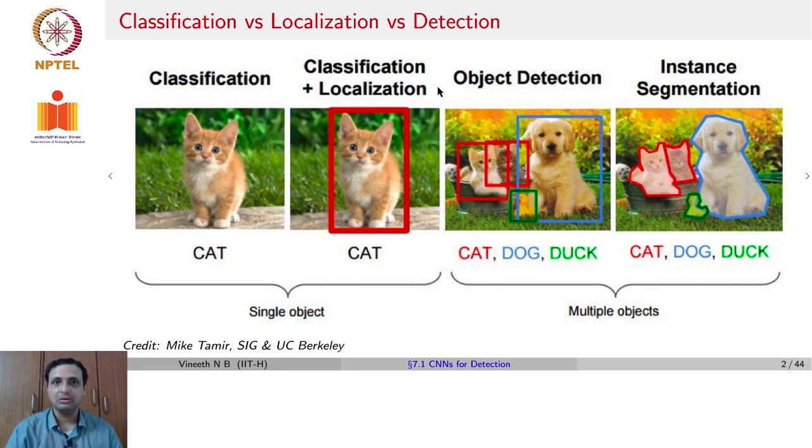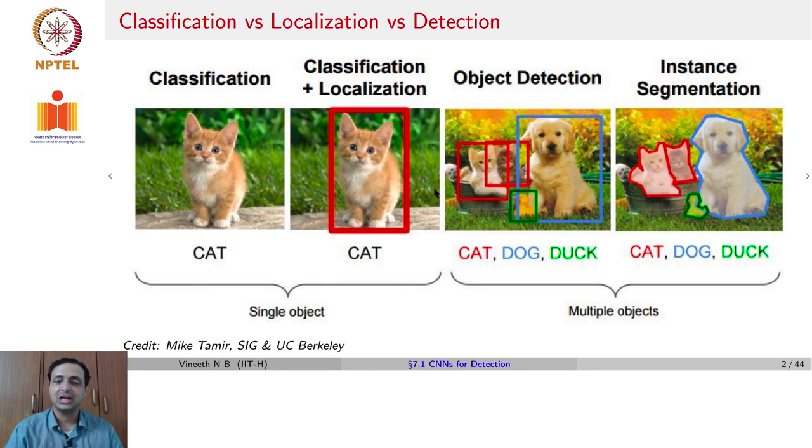In localization, in addition to saying that there is a cat, you also have a bounding box around the cat to say where in the image the cat was located. In object detection, you go one step further and you detect all possible occurrences of the objects in your set of classes in a given image, as well as localize them.